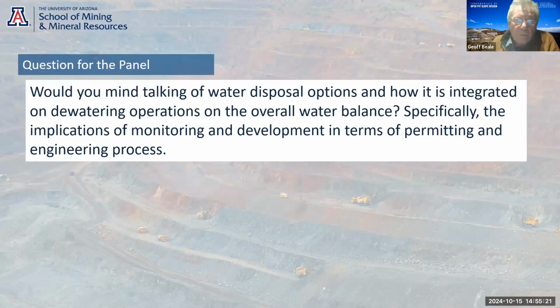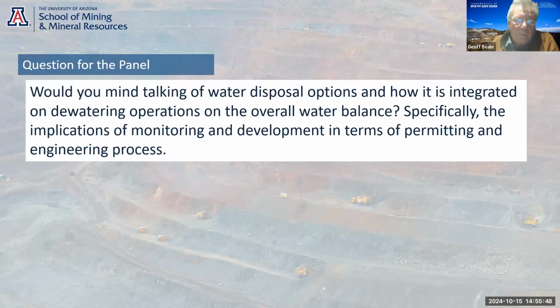So there's a number of options, and it depends on the overall water balance, of course. Does the site need additional water, or does the site need the water for mineral processing, or has the site got enough water for mineral processing and needs to get rid of the water?